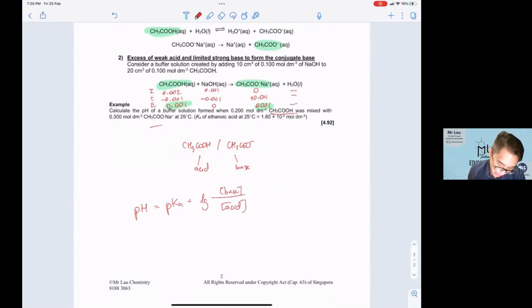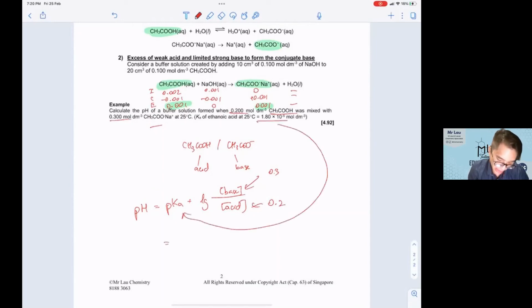Once you have found this, just put in the concentration. This is 0.3. This will be 0.2 as given in the question, 0.2 and 0.3 respectively. Ka is given as well. Sub this into your pKa.